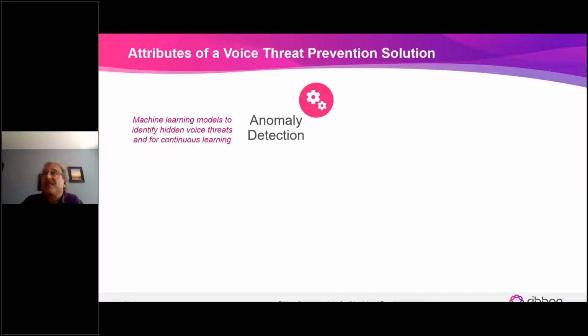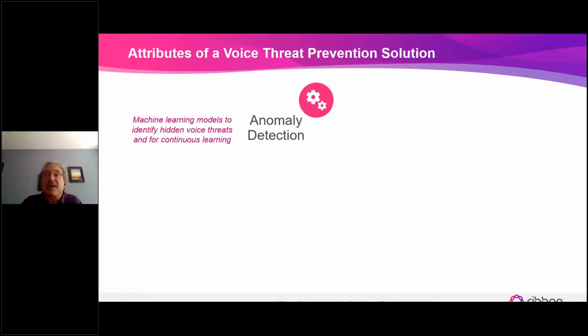These are going to be machine learning models to identify the voice threats, machine learning models that continuously learn based on traffic. And they're automated. The only way to do this is to have an automated system that's constantly looking at the incoming traffic, and potentially, if someone's hacked your PBX and is making outgoing traffic, the outgoing traffic in the enterprise to determine anomalies.